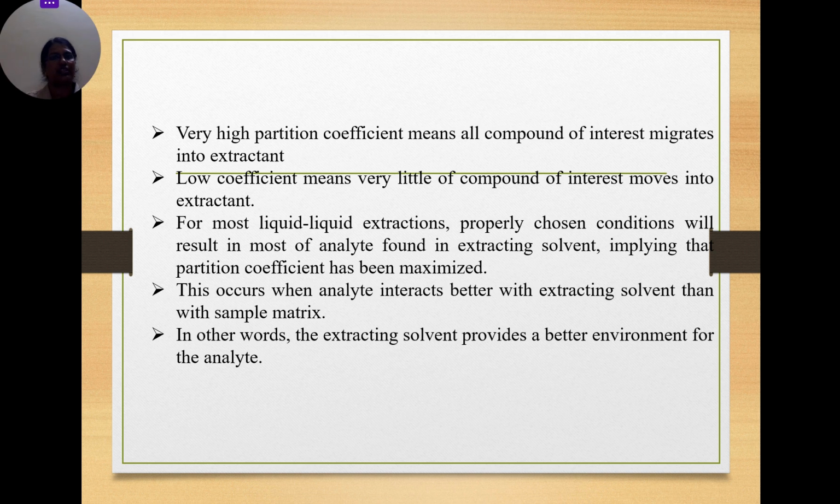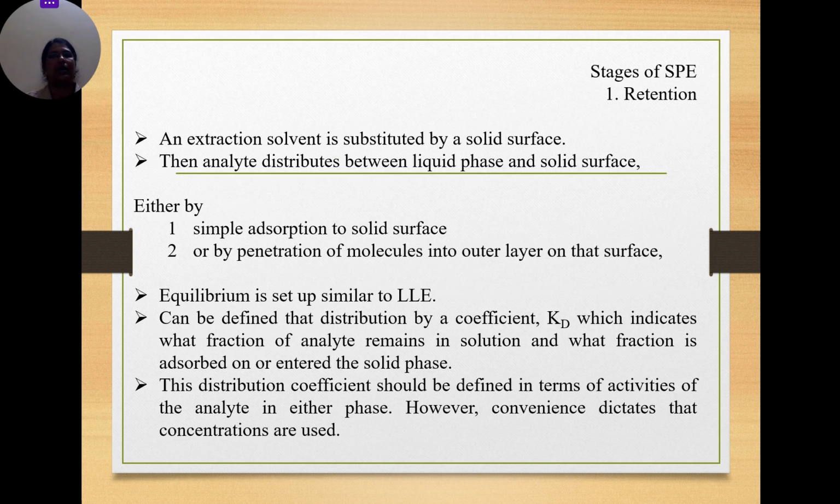To achieve this we need to find the favorable extracting solvent, and we can then maximize the partition coefficient easily. This can happen only if the extracting solvent is very compatible with the analyte and provides the environment properly. So the selection of the extraction solvent is very important. That is also an equilibration step.